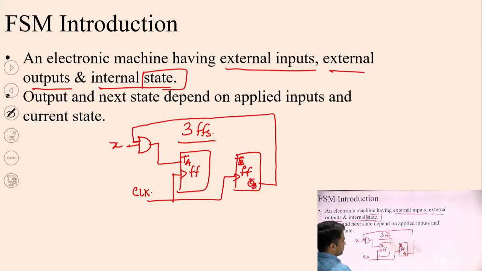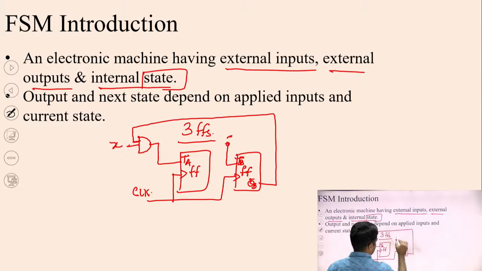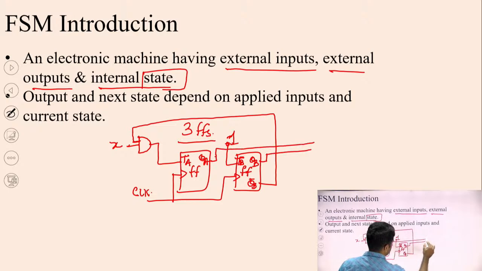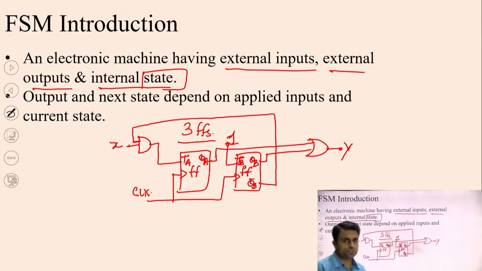I am making random connections. And TB, let us suppose, is connected to 1. There will be outputs QA and QB. These QA and QB further enter an OR gate to produce the final output. So, this is a random circuit.